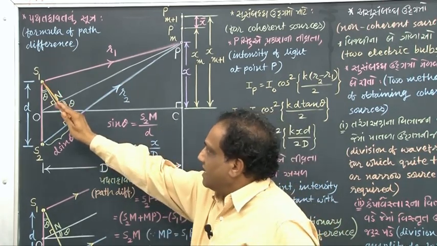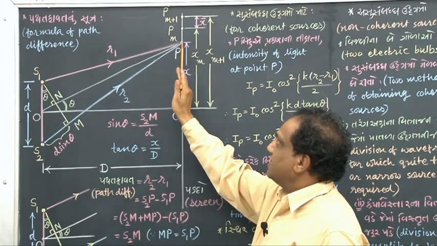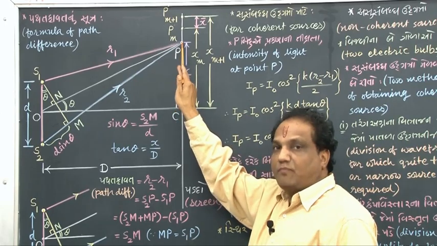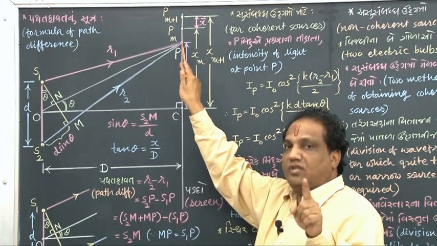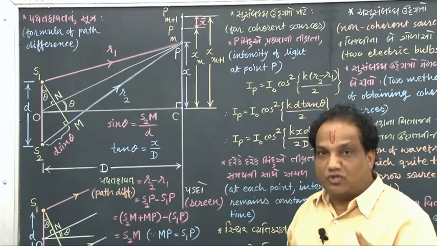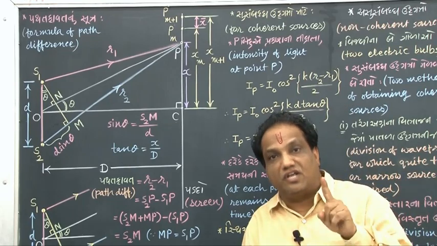Now, the light rays emitted from these two sources are made incident at, say, point P. So at point P there is a superposition of two light waves, and whenever there is a superposition of two or more waves, we have a phenomenon called interference.